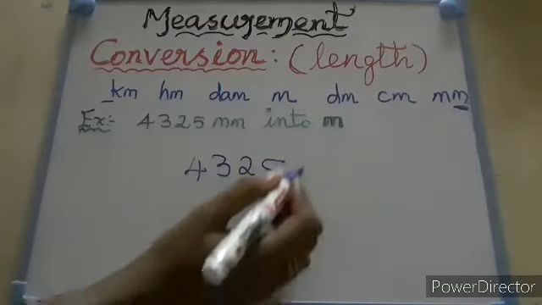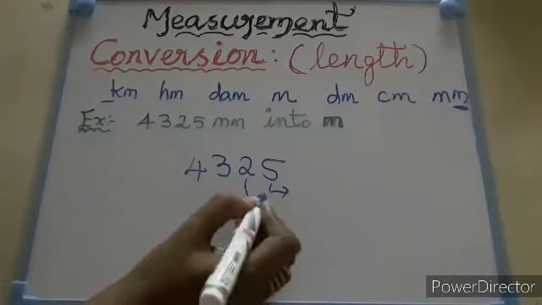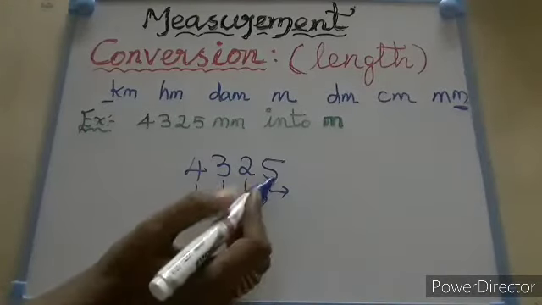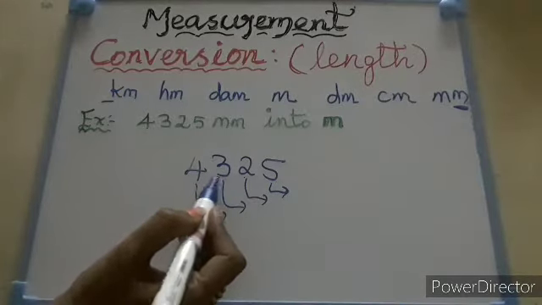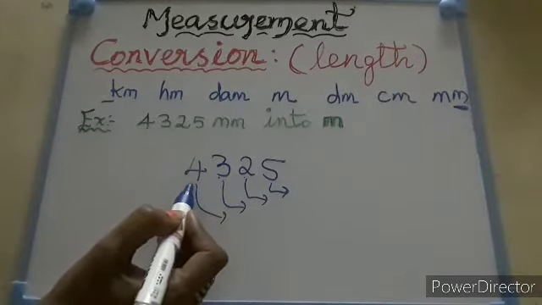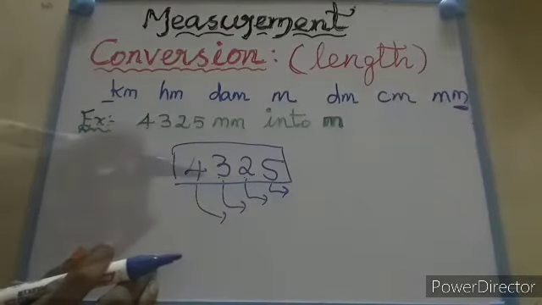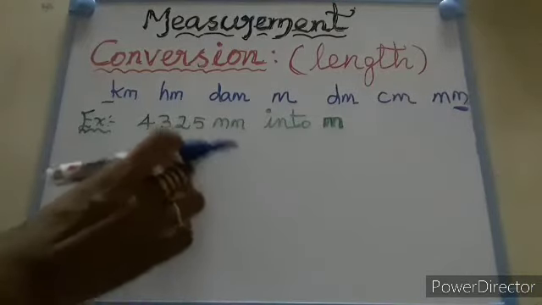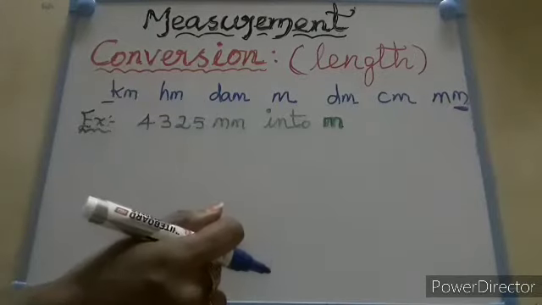If you write like this, how many ones, how many tens, how many hundreds, how many thousands? This one is 5 ones, 2 tens, 3 hundreds and 4 thousands. So these all are hidden inside. In that way, you should find what is hidden inside this number.